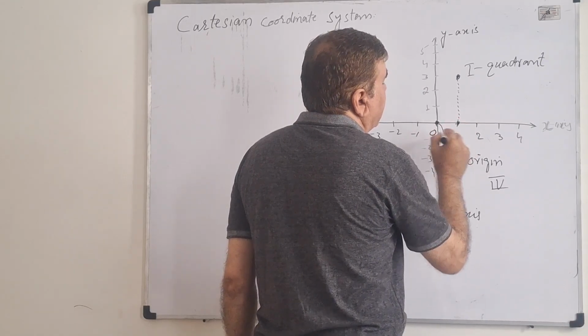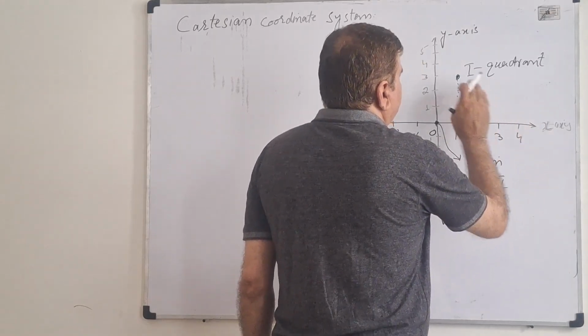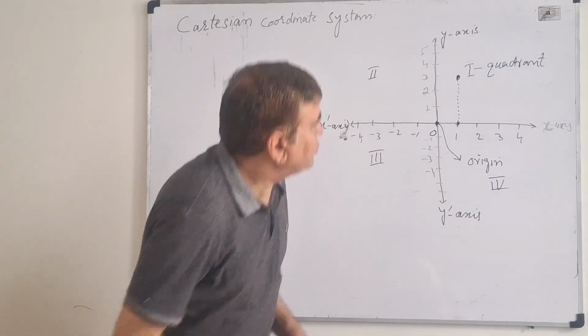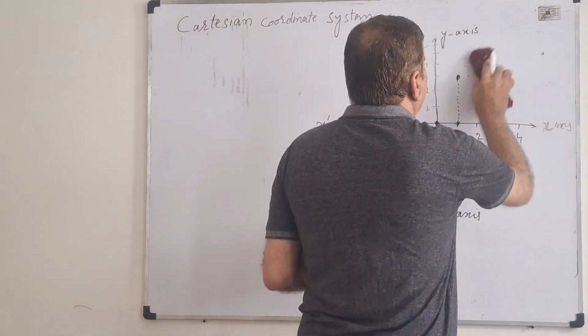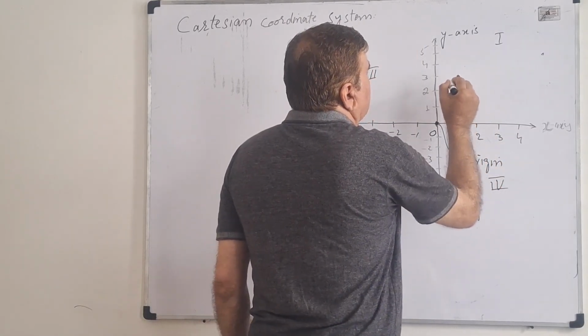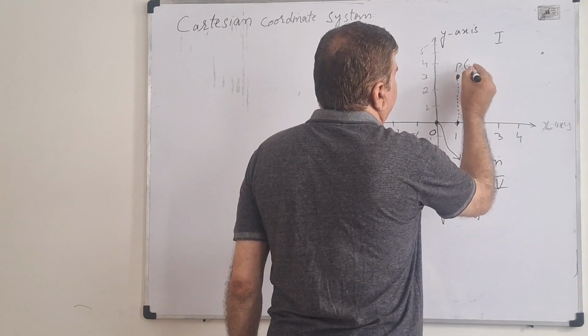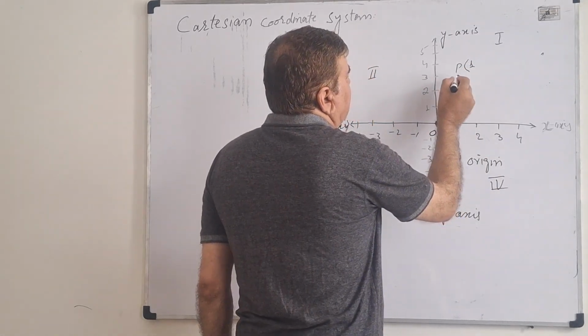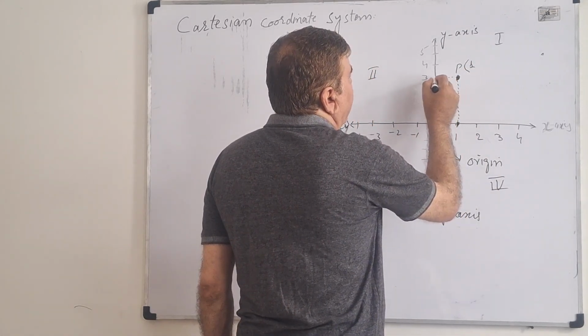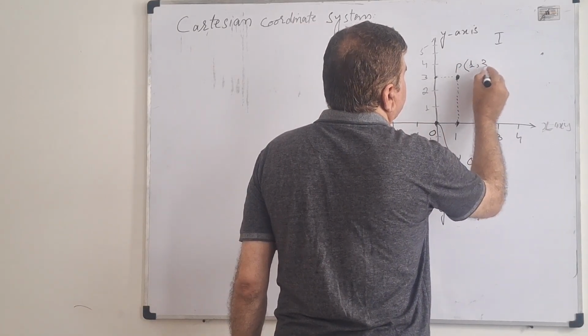Then let me call this point P. The value along the x-axis I write as 1. And similarly, I drop a perpendicular on the y-axis and let it meet at 3. Then we write this as 3.